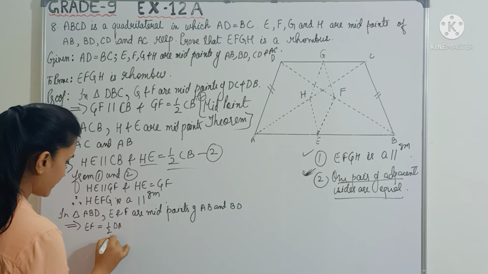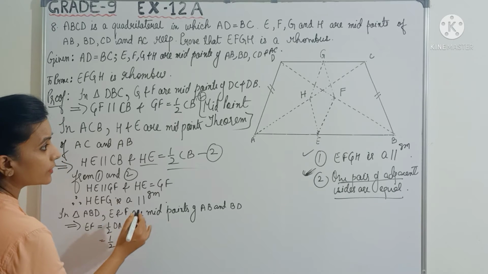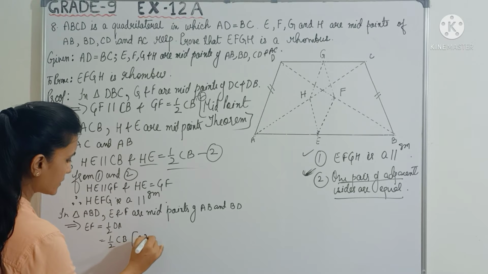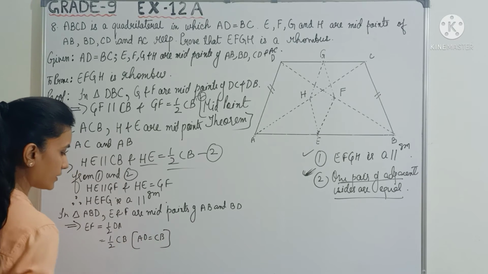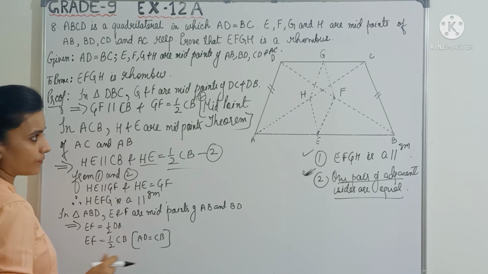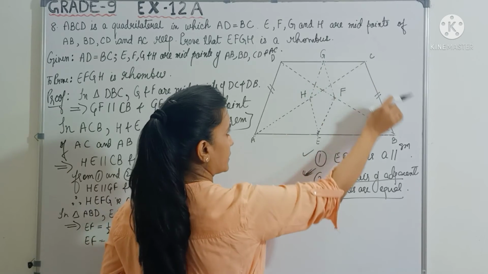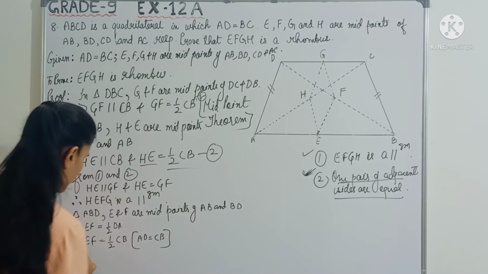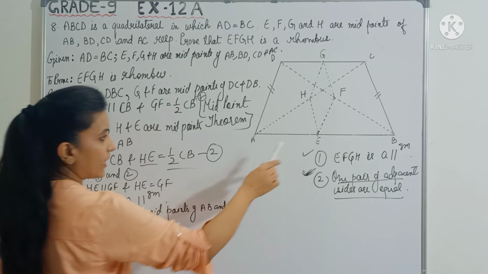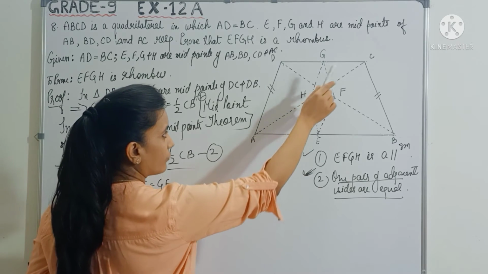Now, can I write this as half of CB? Why? Because AD is equal to CB. This is given, correct? So EF is equal to half of CB. Also we know that EH is equal to half of CB.